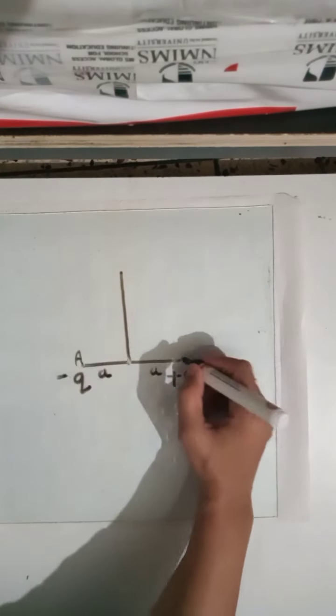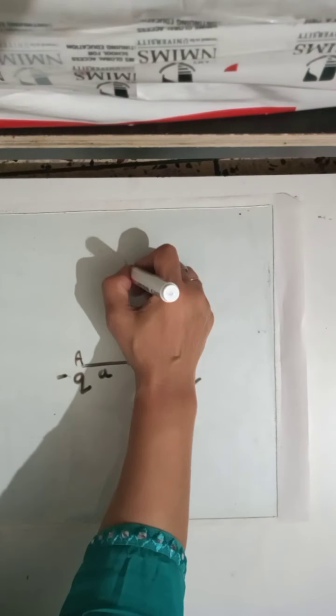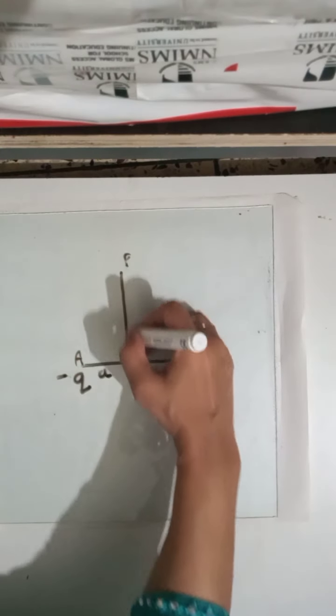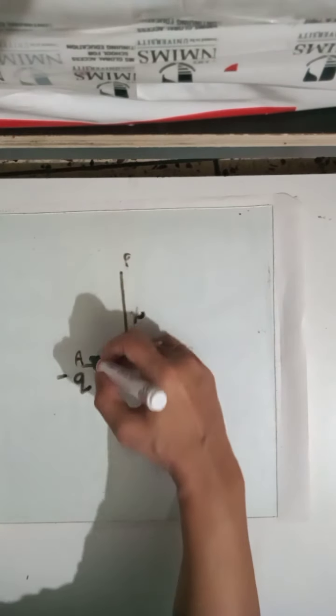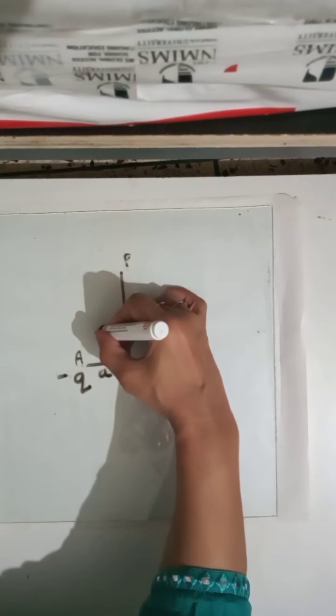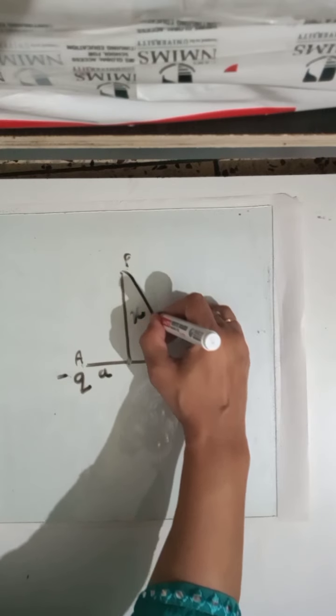You can suppose this is A, this is B, and this is the point, and its distance is x. This point is lying on the equatorial line. Now we join with the help of a scale. This diagram is very important in the board examination.